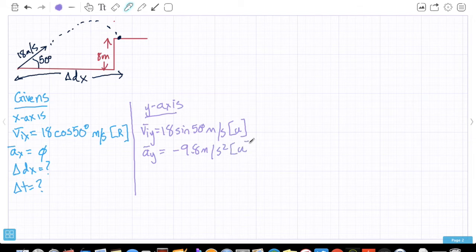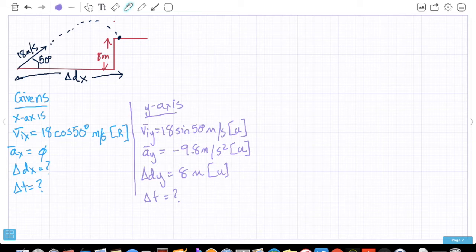And like always, we have to make sure that our directions are the same in order to manipulate them with a relationship. The delta dy in this case is 8 meters up, and delta t is unknown. But this delta t is the same as this delta t. So we can use a kinematic equation to try to solve for this delta t.